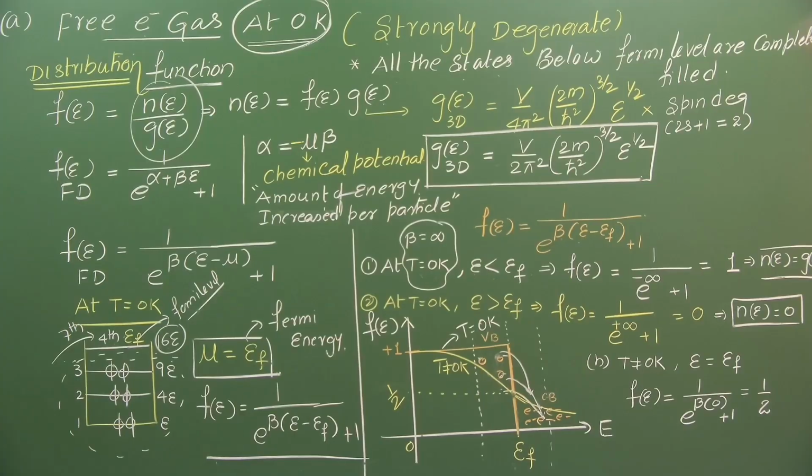From the distribution function, we have taken energy less than EF, that means below the Fermi level. What about the energy levels below the Fermi level? All are occupied because we got 1. E stands for the energy of each level, above or below the Fermi level.